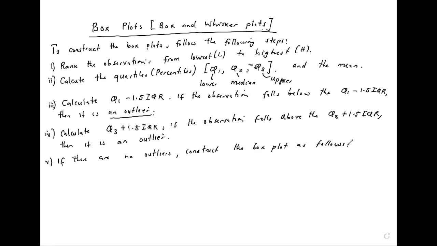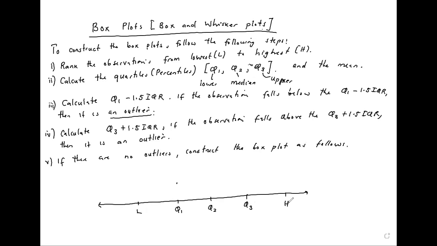You have a line of the data, and from this line you pick the lowest value, then quartile 1, quartile 2, quartile 3, and then your highest value.